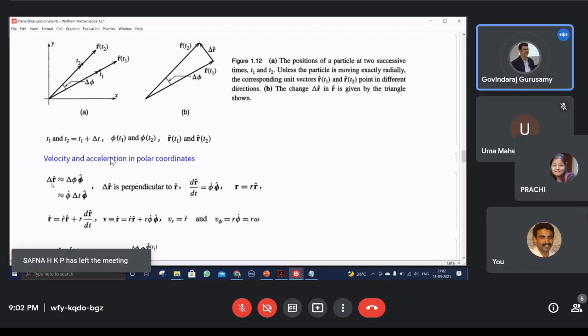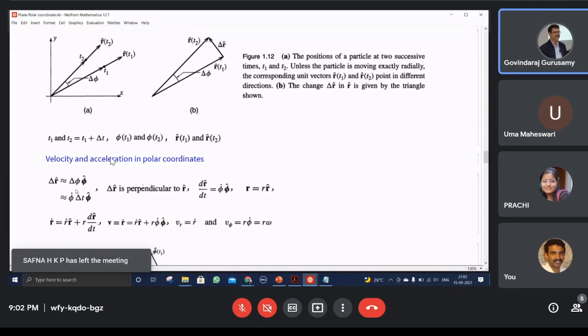Okay, so these relations are this, and automatically you find this can be replaced by phi cap, connecting del r cap is del phi into phi cap. It can be written as phi dot del t, which implies that I am dividing by del t and multiplying by del t.